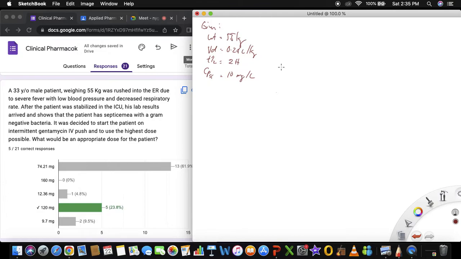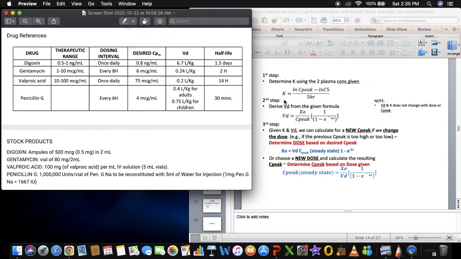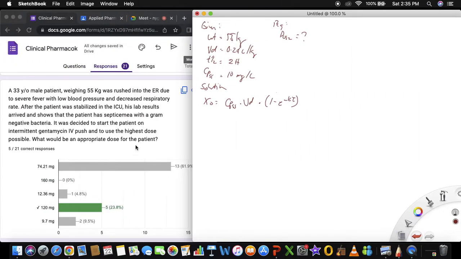So therefore, what we require is dose equals unknown. Our solution would simply be dose equals CPSS times VD times 1 minus e to the negative K tau. I forgot to check the tau, Q8, so our dosing interval is 8 hours.